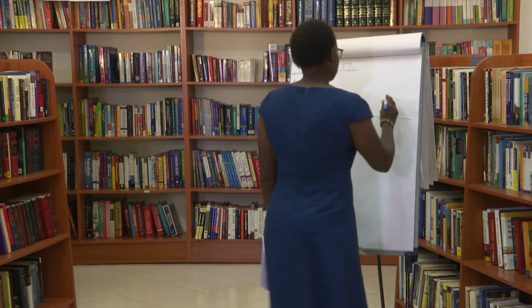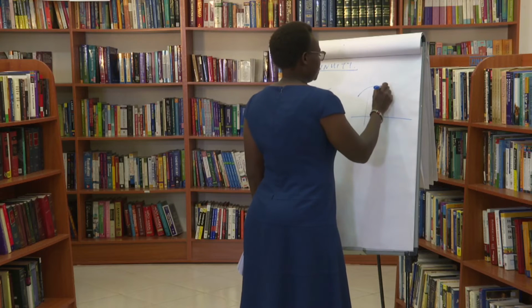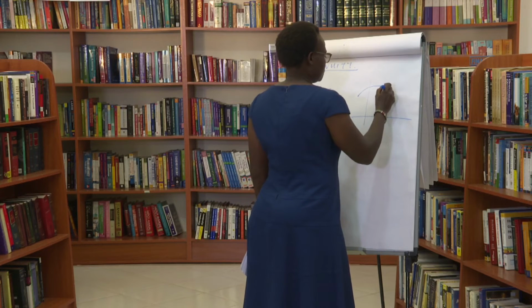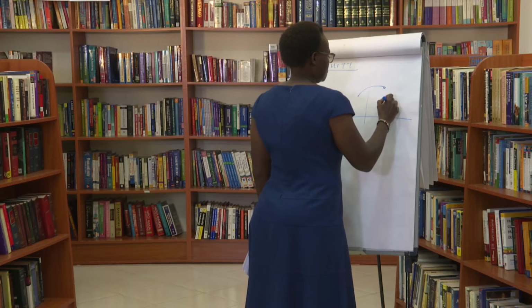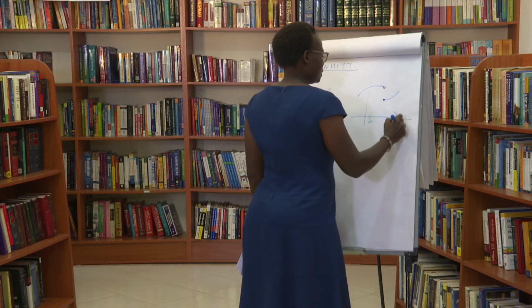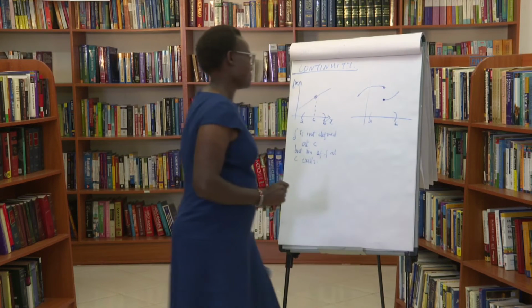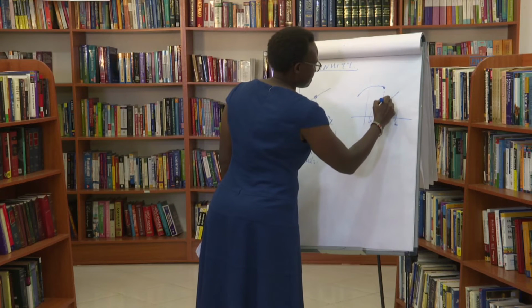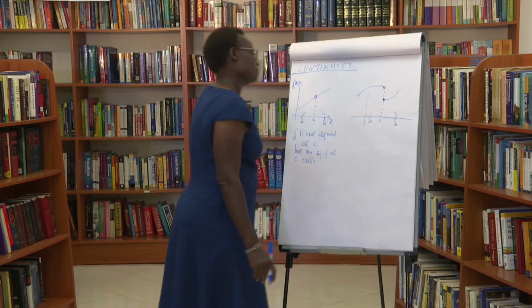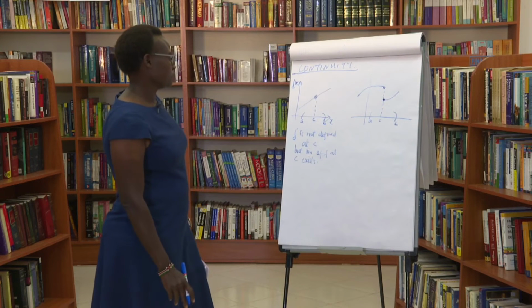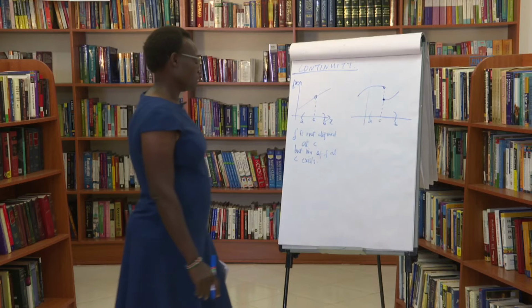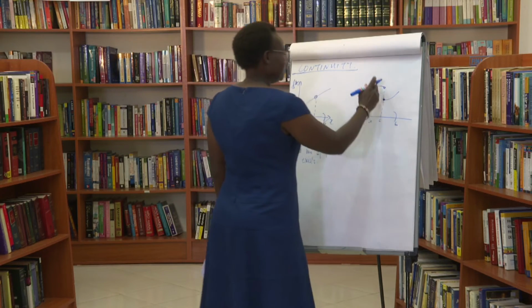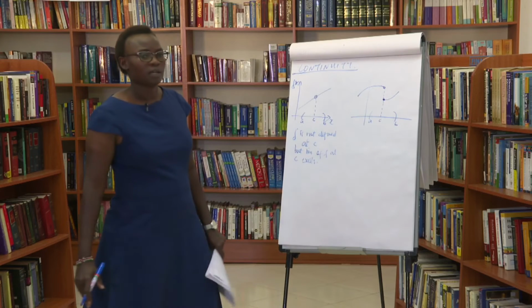And then next we can have this kind of function. So again we have our interval AB, and this is our point C. So here the limit, we can see clearly the behavior from the right is different from the behavior from the left.